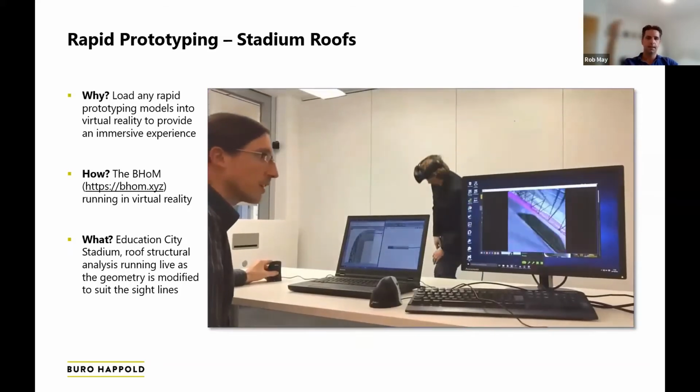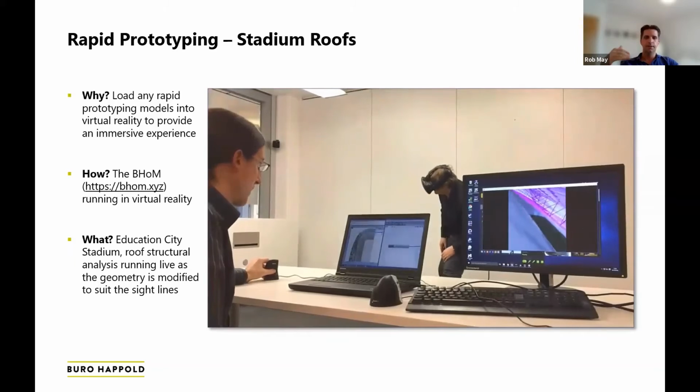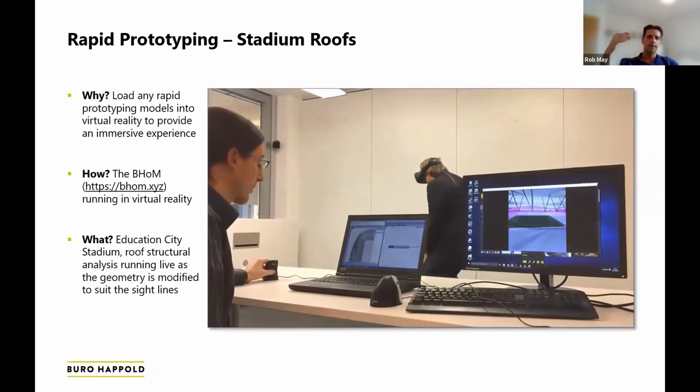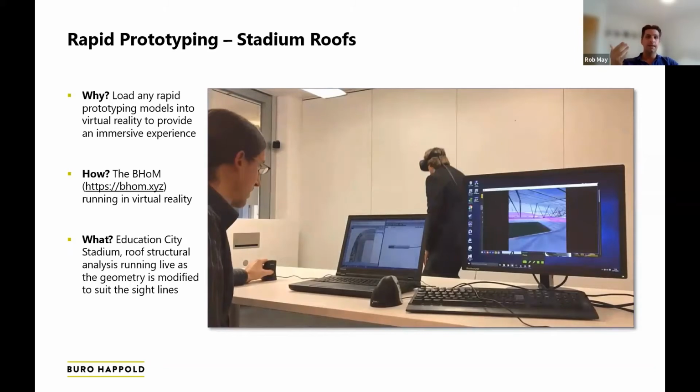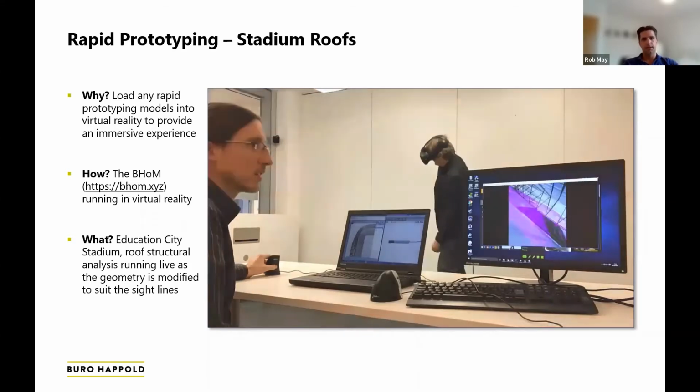Can you please pick the roof up? And Arnaud is then duly moving the roof up, and in the background the structure is recalculating itself to give the updated quantities, the updated tonnage in an approximate sense, because this is early stage, to feed into the overall building prototype, to say, this is what the roof profile could look like, and it meets some particular constraints.